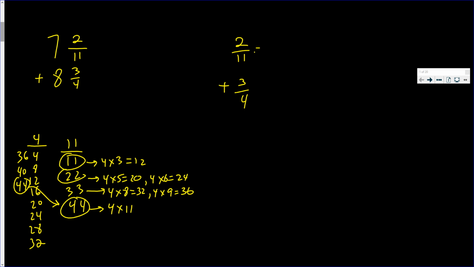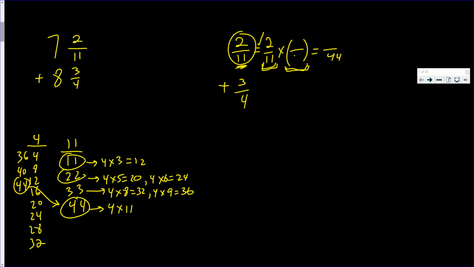So I want to write 2 over 11 as something over 44. So I can take 2 over 11 and multiply it by 1. If I multiply it by 1, this times this may not look like that anymore, but this times 1, 100% equals 2 over 11.